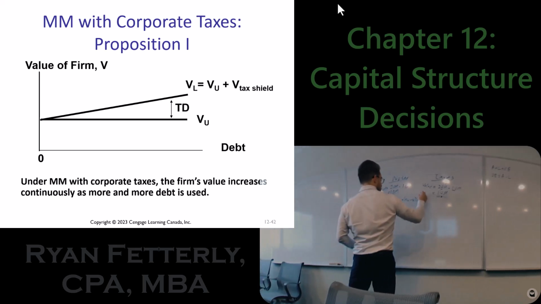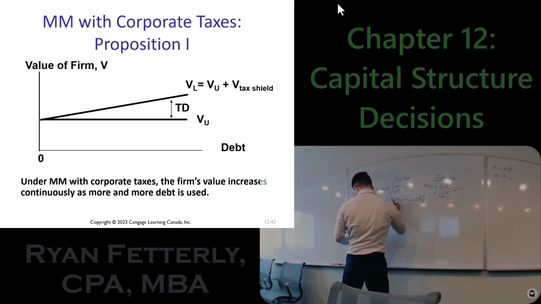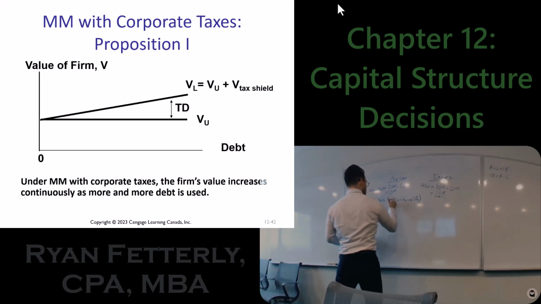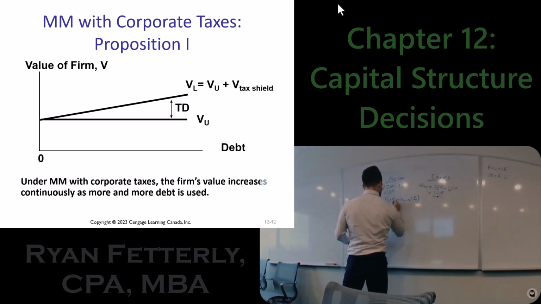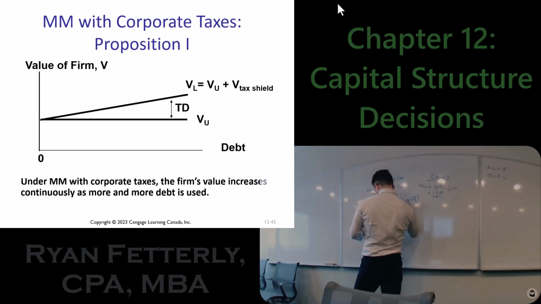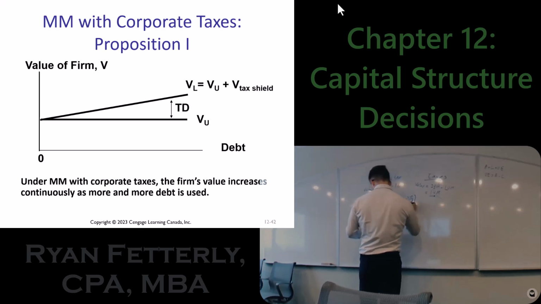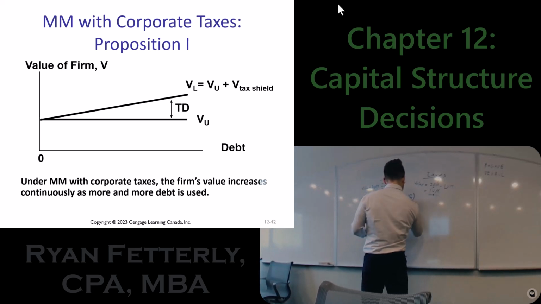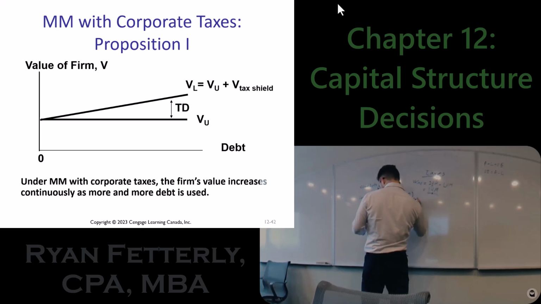So if I'm trying to calculate what my cost of equity is, what I'm doing here is 0.12, which is my unleveraged cost of equity. And then I add on 0.12 minus the cost of my debt, which in the slides is about 8%, so 0.08.